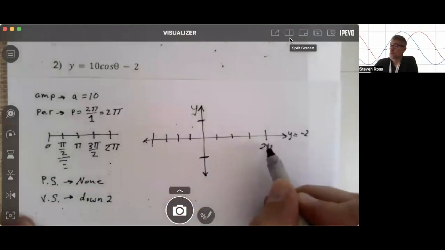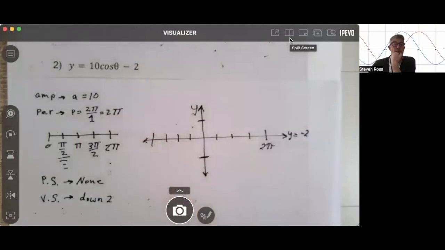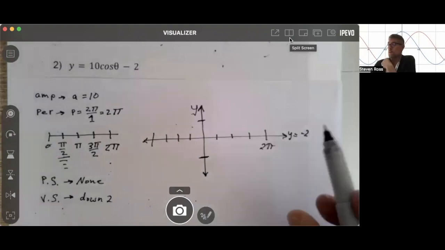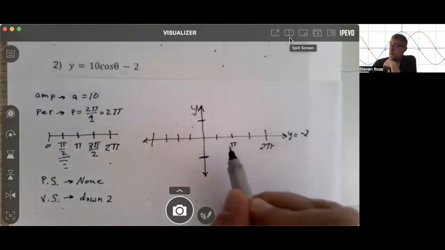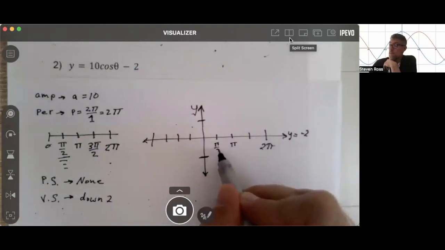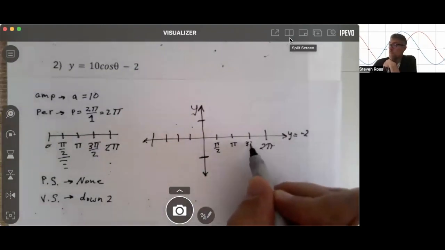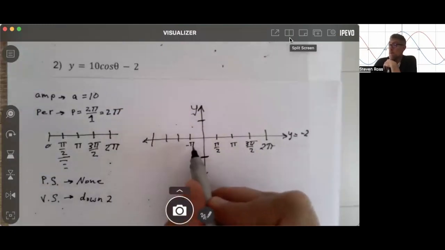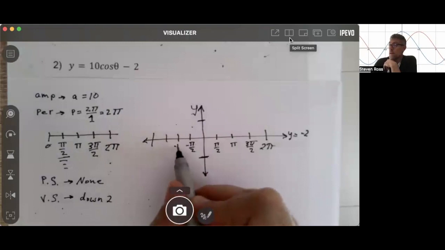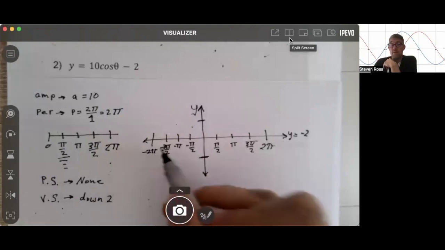So I know that there's no change in the period, and there's also no phase shift or no horizontal translation. So that means that every single one of these hash marks is going to be labeled like so. 3 pi over 2 going backwards, negative pi over 2, negative pi, negative 3 pi over 2, and negative 2 pi.